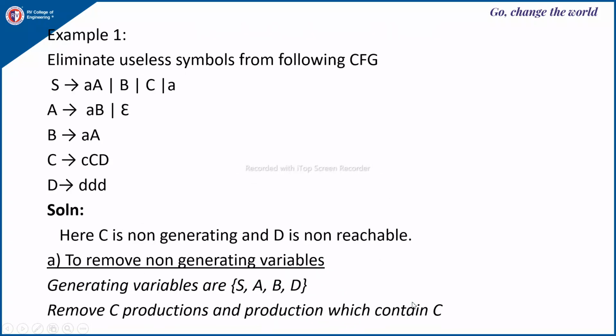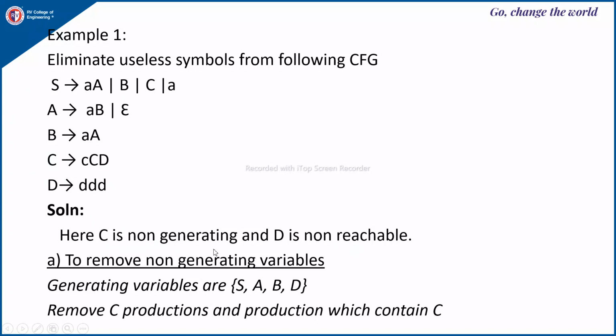So let us see some examples. First one: eliminate useless symbols from the following CFG. These are the productions of the grammar given. Here C is non-generating and D is non-reachable.